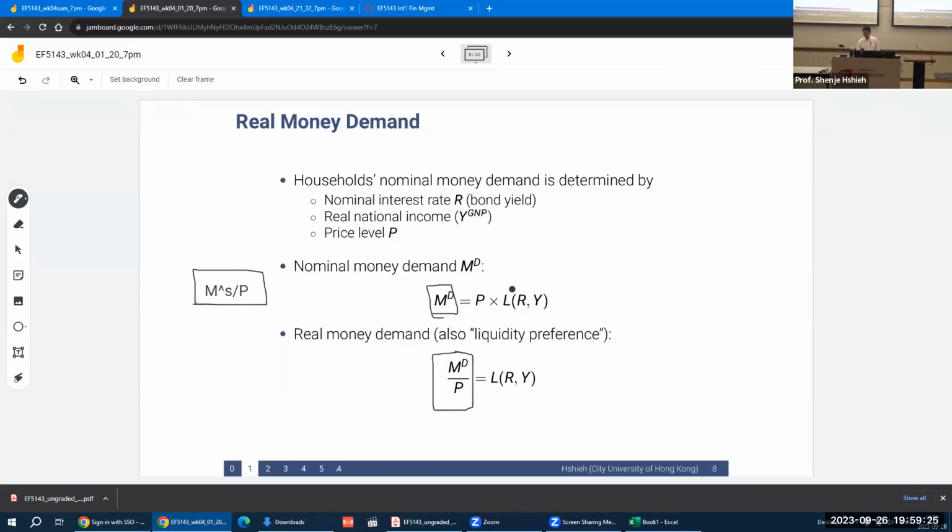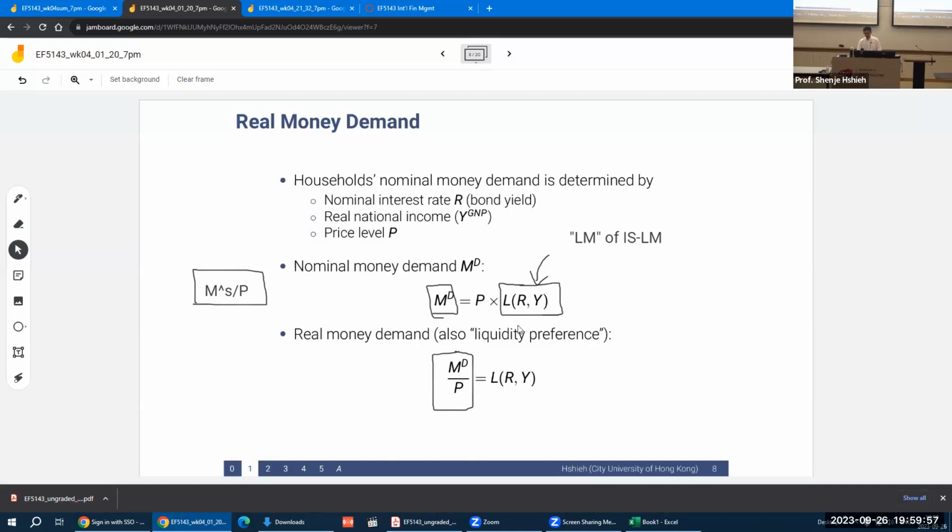Money demand comes from the overall demand of the economy, and that can be summarized with this L function called liquidity preference. For those of you who have macro, this is the LM part of the ISLM model. If you don't know what ISLM is, doesn't matter. LM just stands for liquidity, demand, money supply.